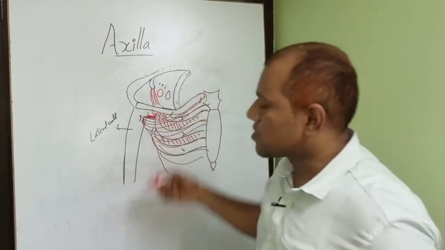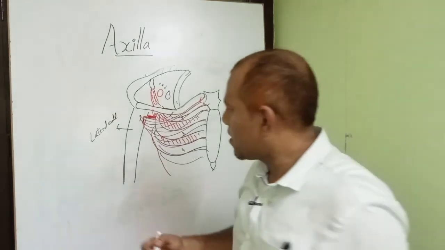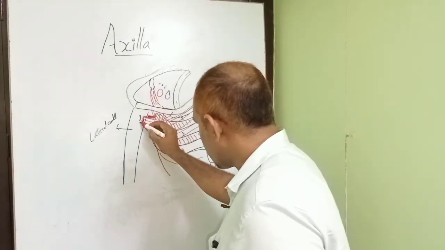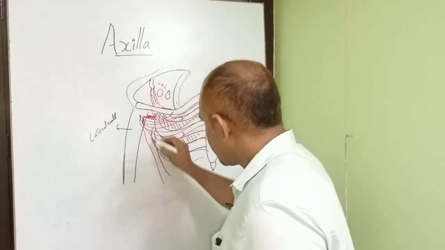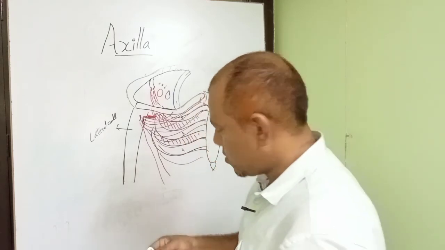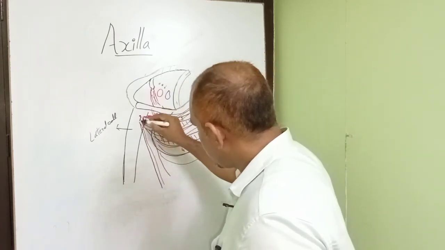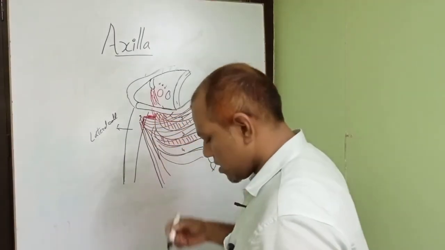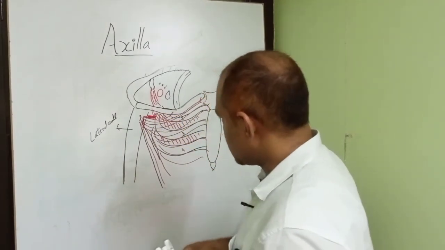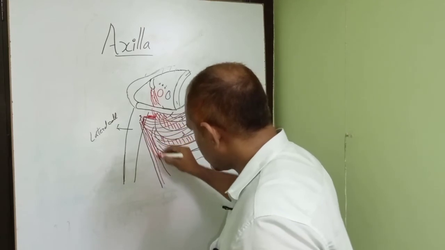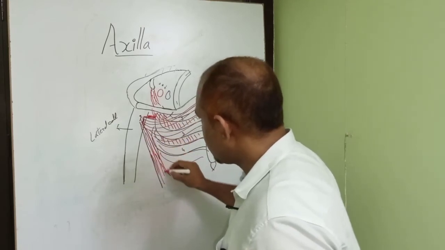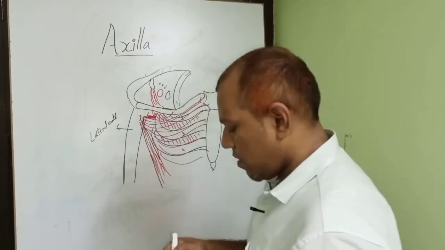Then the other muscle is latissimus dorsi, the fibers of which reach the floor of the intertubercular sulcus, giving insertion to the latissimus dorsi. Those fibers are forming the posterior wall of axilla.